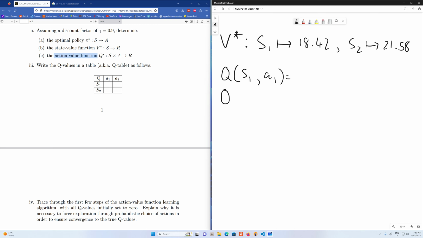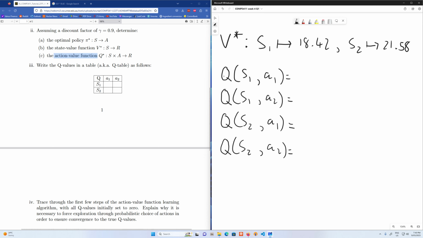So I'll set up the 4 expressions now. So for our Q function, we need expressions for each one of these.